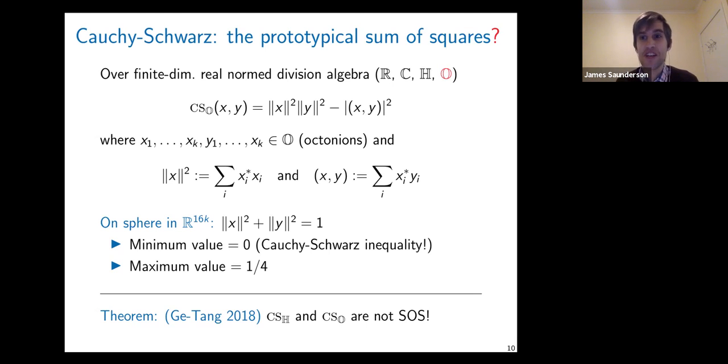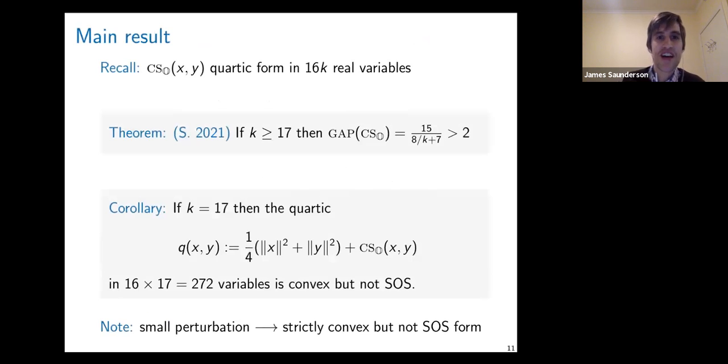But it turns out the gap doesn't grow enough in the quaternionic case to get above our magic value of 2. Remember, what we're looking for is a quartic form that has this gap quantity, this relative error measure, bigger than 2. So the Cauchy-Schwarz form over the quaternions doesn't work, but it turns out that the Cauchy-Schwarz form over the octonions does.